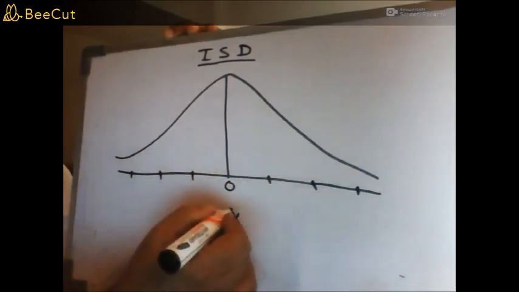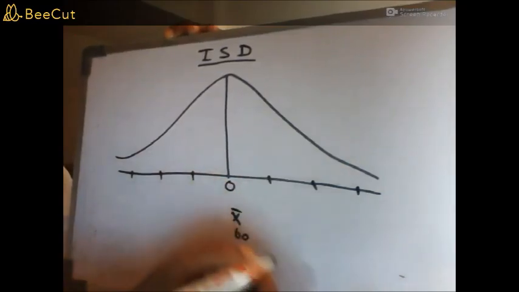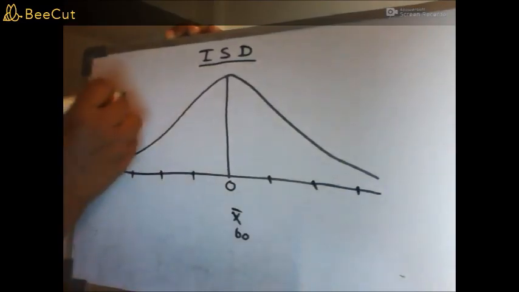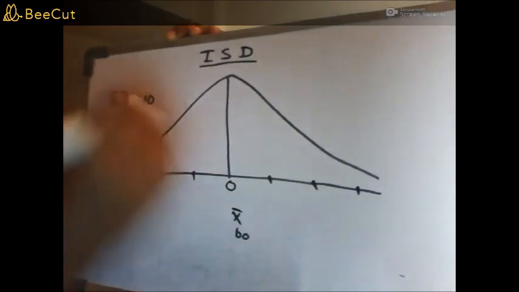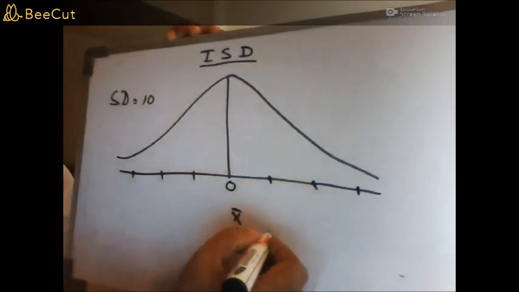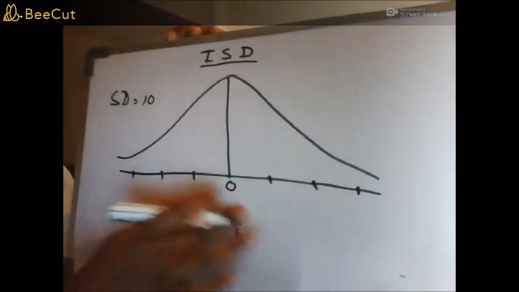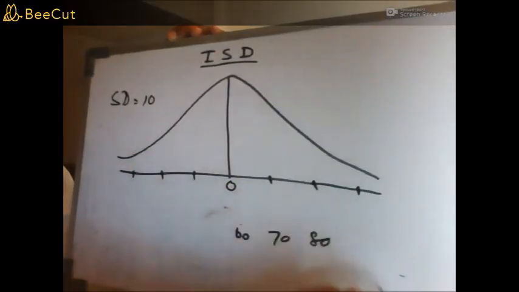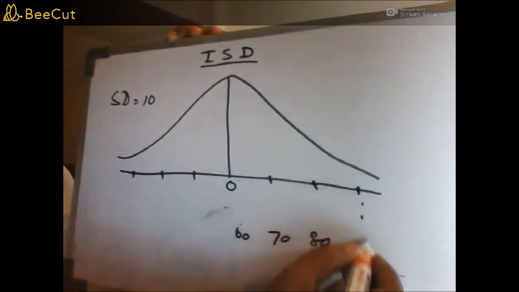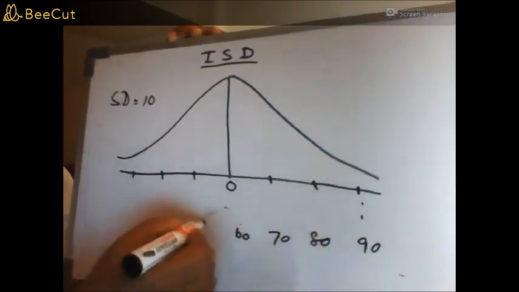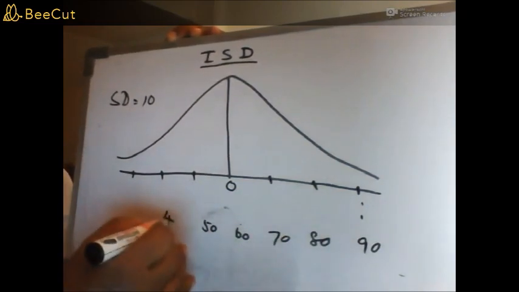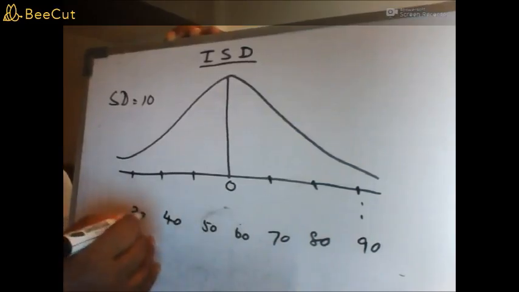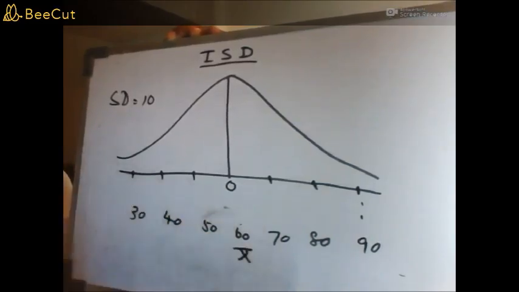Here this is the x bar, maybe 60. According to our example, the standard deviation is 10. Here 70, 80, 90, and 50, 40. This is our x bar.